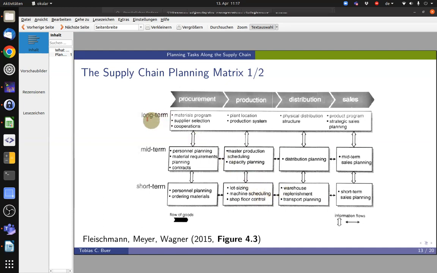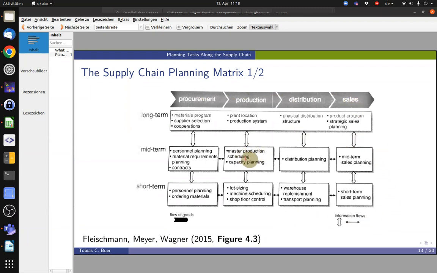Now, we have on the one hand, on the left side, the planning horizon: long, mid, and short term. And on the top, you see that we distinguish the planning activities according to processes that are present in every supply chain. So we have tasks related to procurement, production, distribution, and sales.